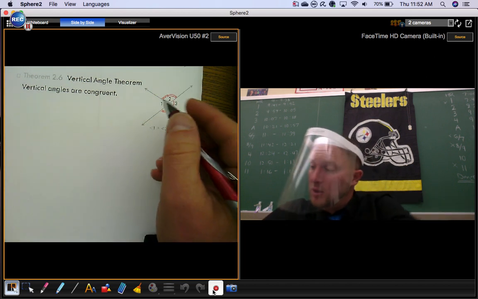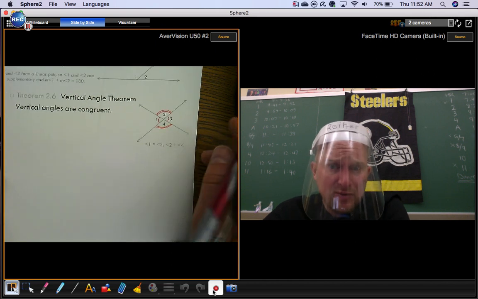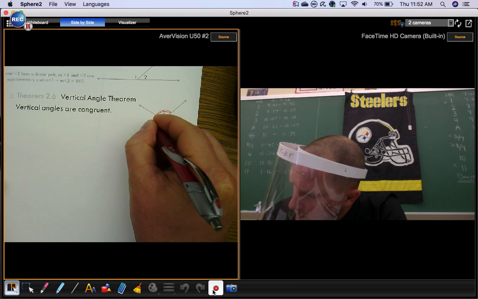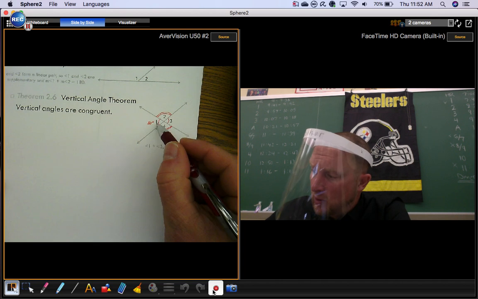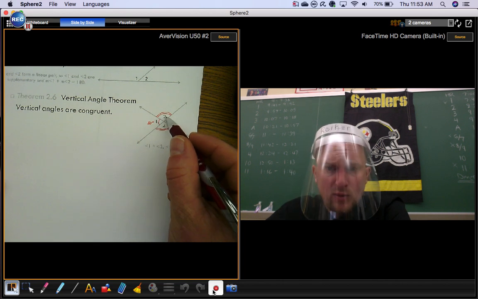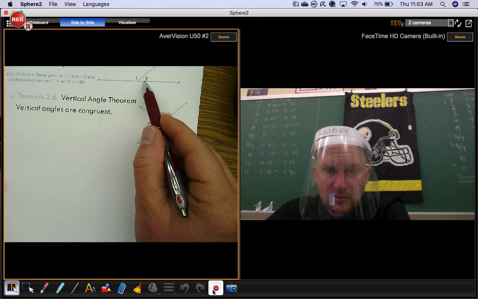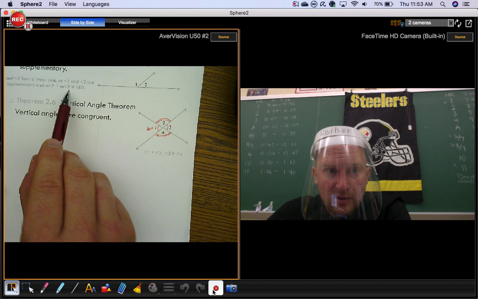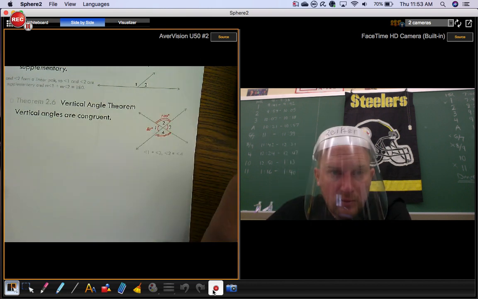And remember, we figured that out. We kind of proved that that was true, or we at least believed it back in chapter 1. Again, I'll just make it simple. Let's say angle 1 is 80 degrees. Well, if it's 80, you know that angle 2 is its supplement, because angle 1 and angle 2 make a linear pair. So if you're using that linear pair postulate, you know the angles add up to 180. So angle 2 is 100 degrees.